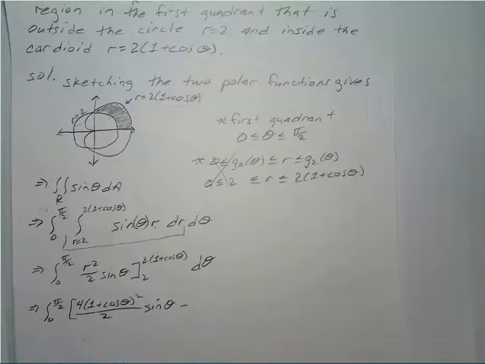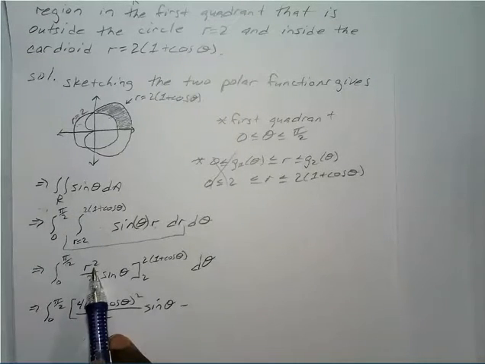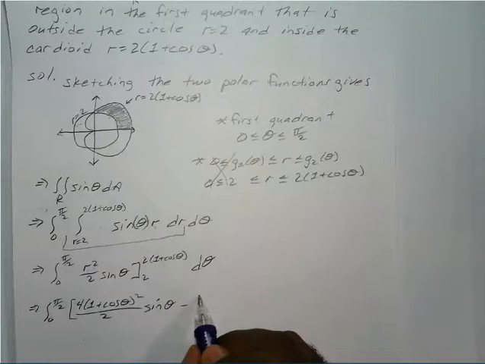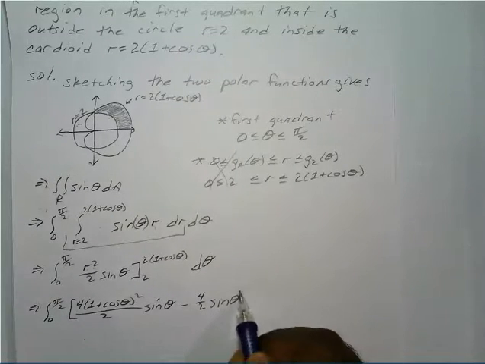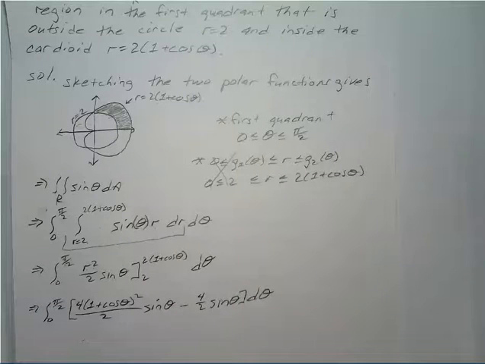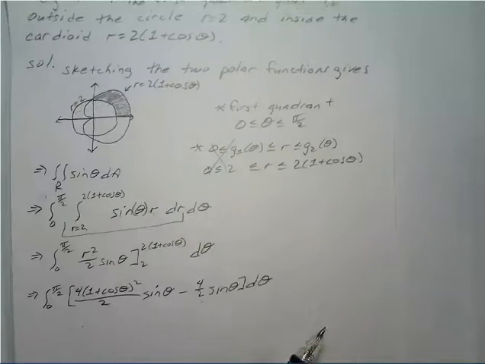minus, plug in 2, you have 2 squared, which is 4. So you have 4 over 2 sine of theta. That's d theta. Okay, so you have 4 over 2, 4 over 2, so you have 2 in both of these, so actually you can just factor that right on out.